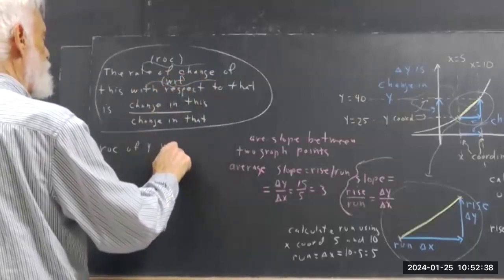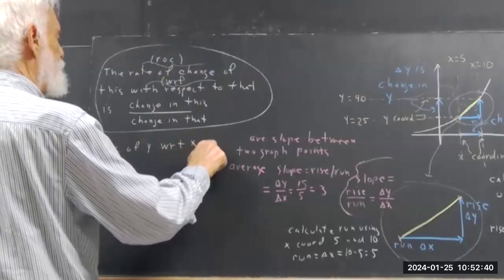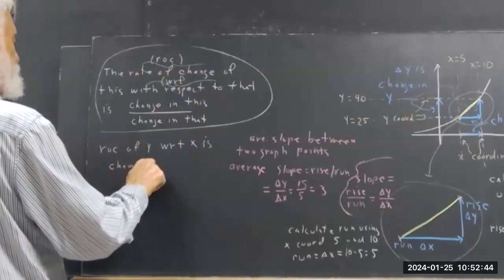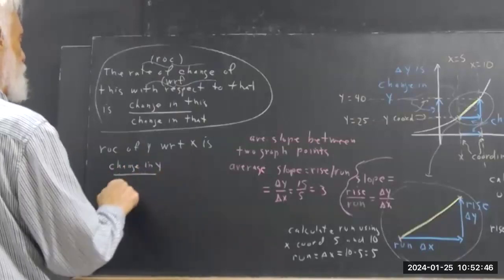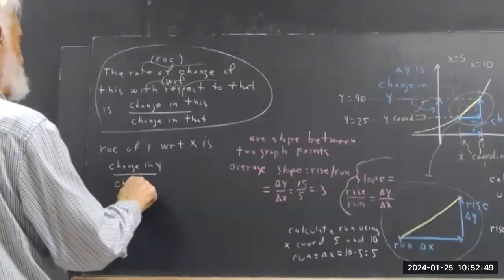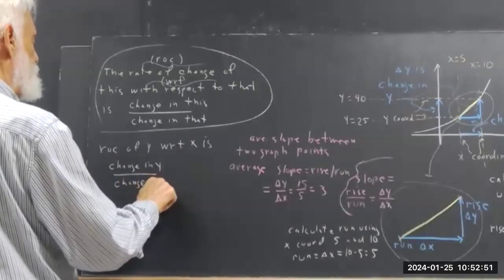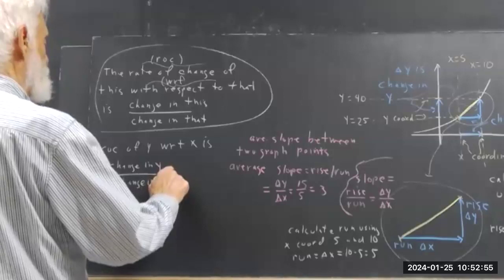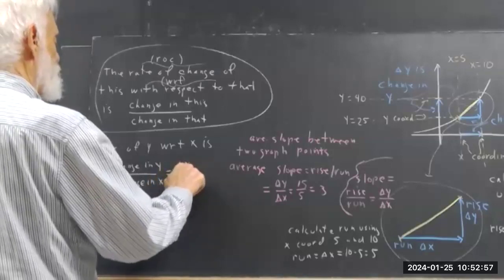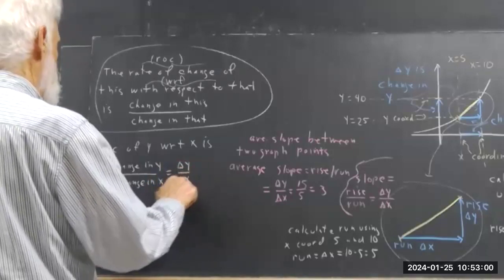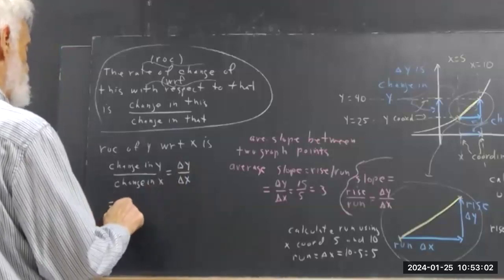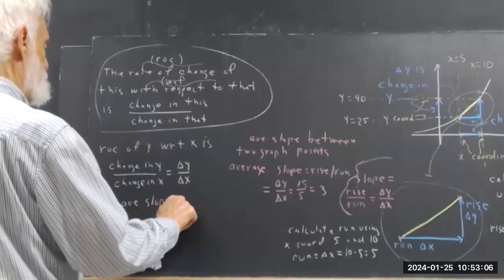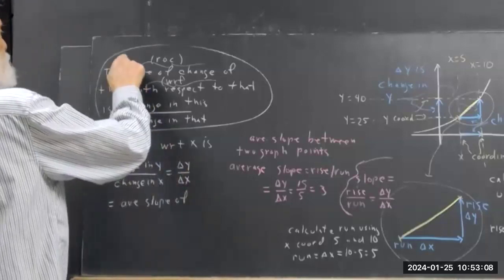Rate of change of Y with respect to X is change in Y divided by change in X. That's equal to delta Y over delta X, where delta Y is your change in Y, delta X is your change in X. And I should have the word average in here.